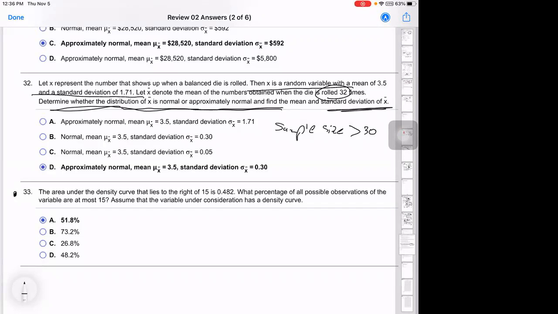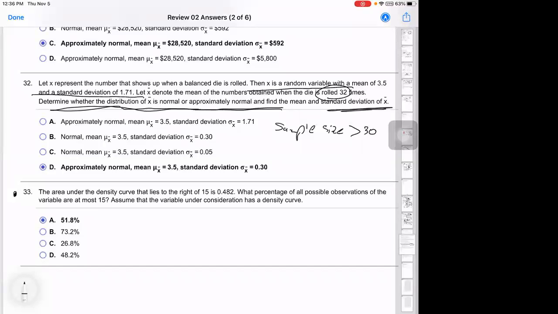And also, if the population distribution is normal, then it doesn't matter, your sample is also normally distributed. No problem with that.